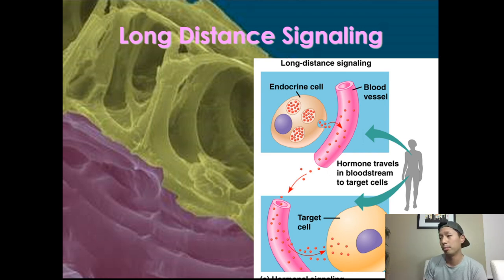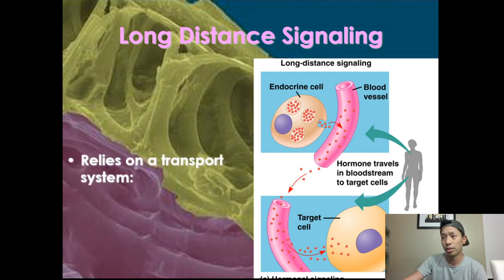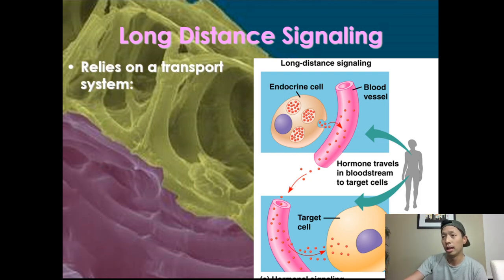Well, if you haven't already noticed in the picture here, it's going to hop and catch a ride in our transport system, which is our bloodstream, right? That bloodstream that's already being used to carry oxygen and nutrients and all the things we talked about in the previous chapters is also going to be a highway for hormones to get dumped into, and those hormones can then get carried over long distances. This is the first time I've actually used that word, hormone.